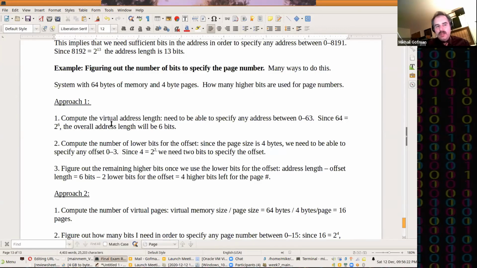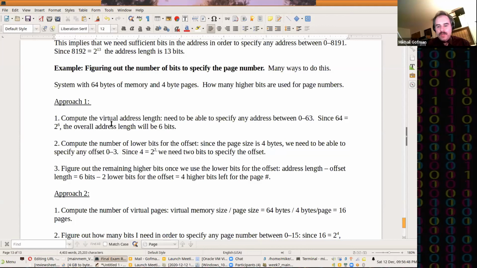So you just need to understand that there is an address, and the address has a certain length, and the lower bits of the address are used to represent the page offset, and the remaining higher bits are used to represent the page number. Because remember, in paging, every single address is split into the page number and the page offset.